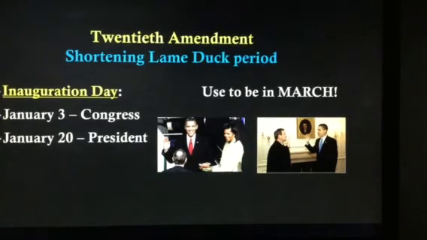The 20th Amendment shortened the lame duck period from 4 months to 2, making the transition shorter between a new Congress and a new president.